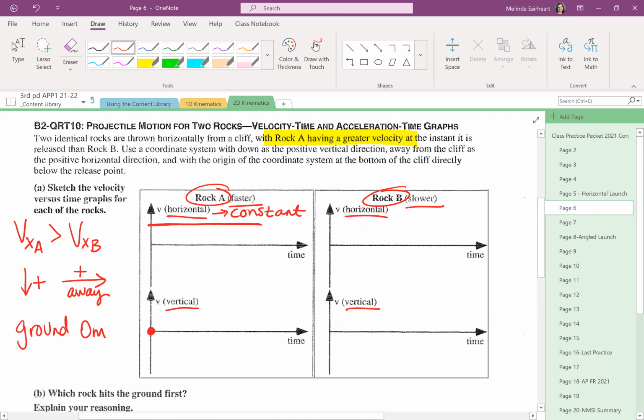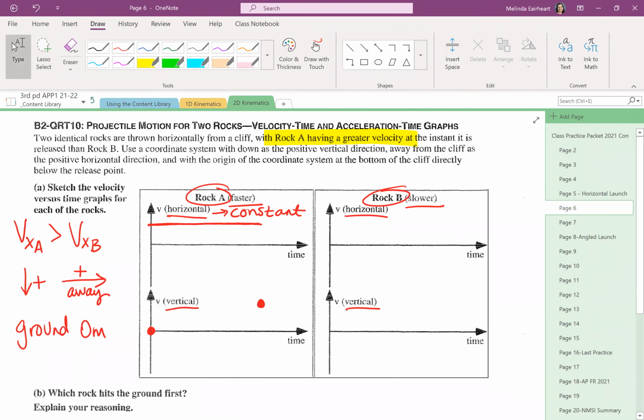So there's a data point. And as it falls down vertically, the positive direction, we're going to have a bigger magnitude, quadrant 1, right? And how do I connect those 2 points? Curve.